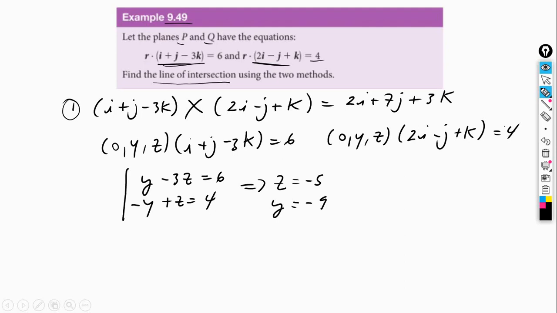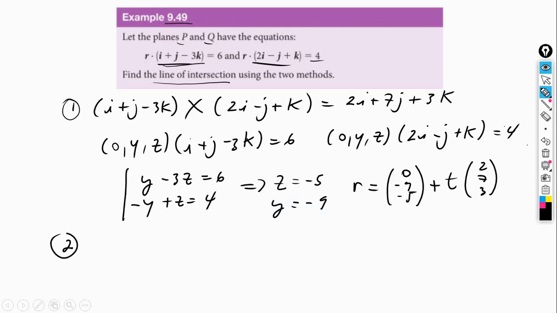So then we can write the equation of the line in vectorial form. We can say that it is r equals (0, -9, -5), which is a point common to both planes, plus t, which is a scalar, times the direction vector that we found, right? So (2, 7, 3).